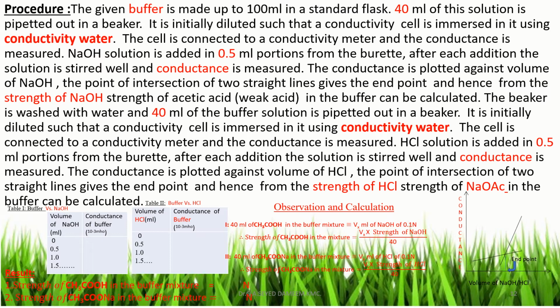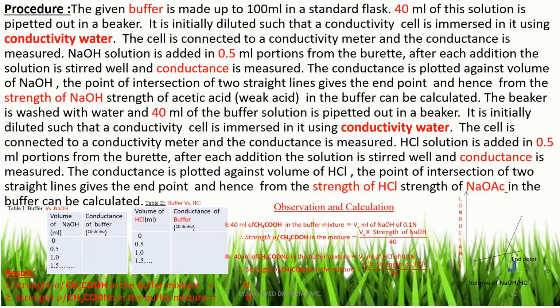0.1 N sodium hydroxide solution is taken in the burette after washing with distilled water and rinsing with the sodium hydroxide solution. From the burette, 0.5 ml portions of sodium hydroxide are added to the 40 ml of the buffer solution, the solution is stirred well and the conductance is measured.